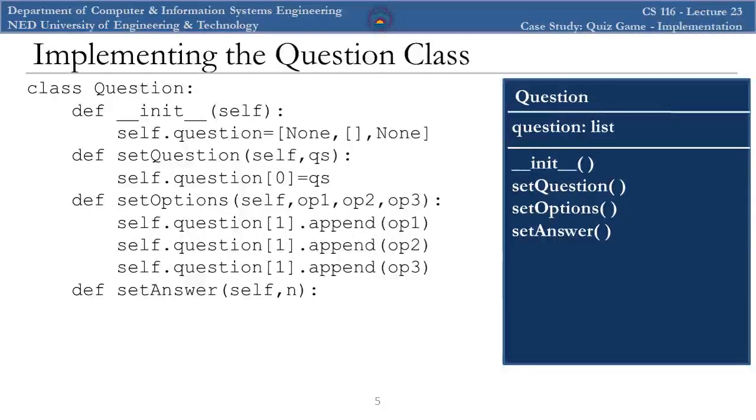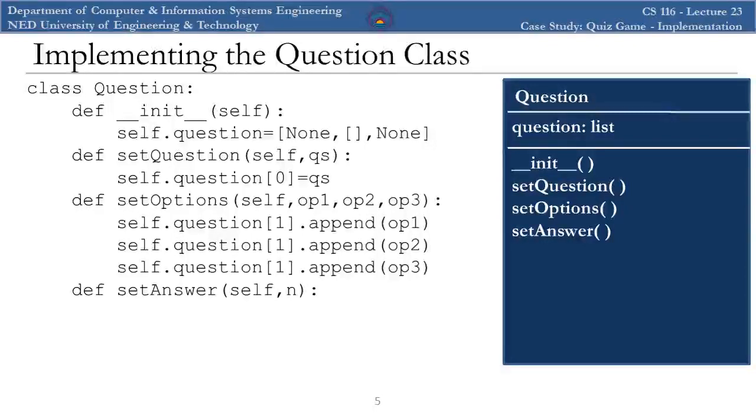Now in this third method, I will set the answer field, which is the third index of that instance variable question. Now here the user will pass n, and we had decided that we'll use a number here. We'll not use the correct answer, which would be a string, but we'll use the number of the option instead, and it will help us reduce mistakes made by the user, because if the user is entering the correct answer again after entering three options, he or she can make mistakes, spelling mistakes or some other mistakes.